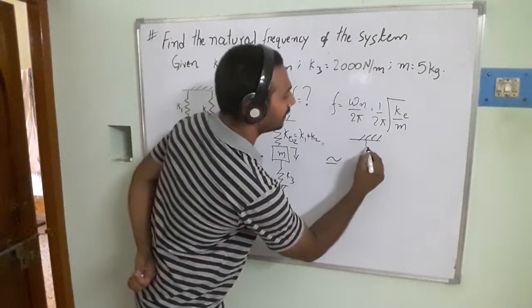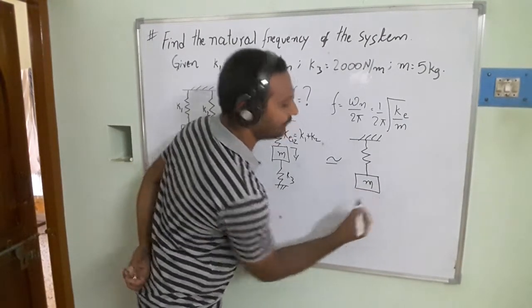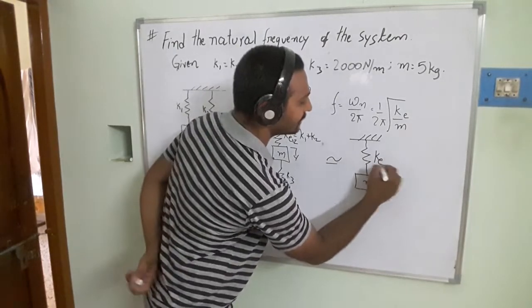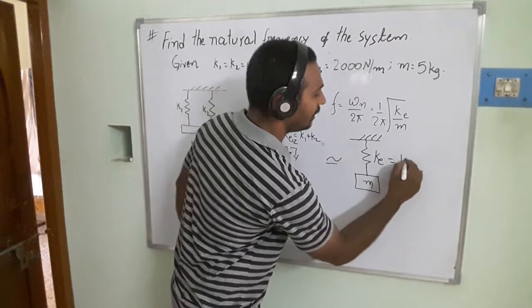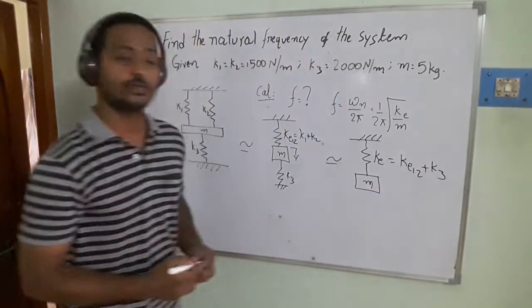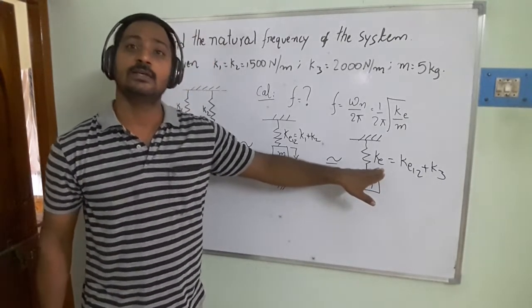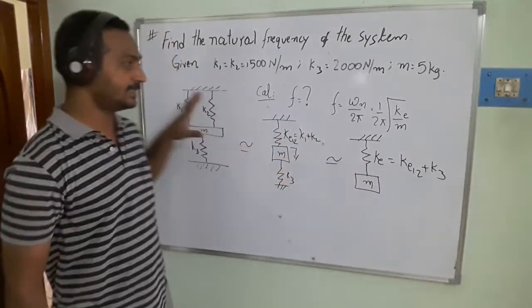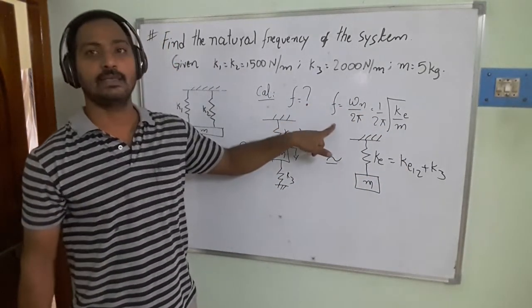So simply I am going to take it here. That is the mass M. So the total equivalent spring I am going to call KE. KE is equal to KE12 plus K3. On that basis, I am going to calculate the equivalent stiffness of the system, and then substituting in this equation, I can calculate F.